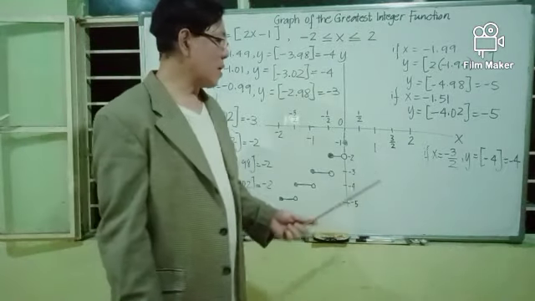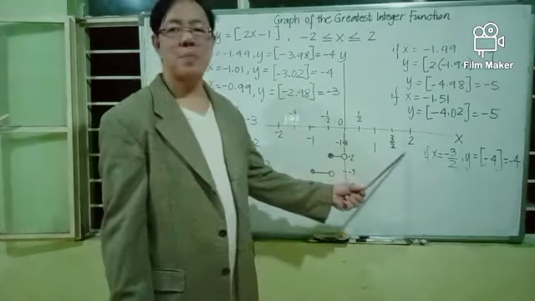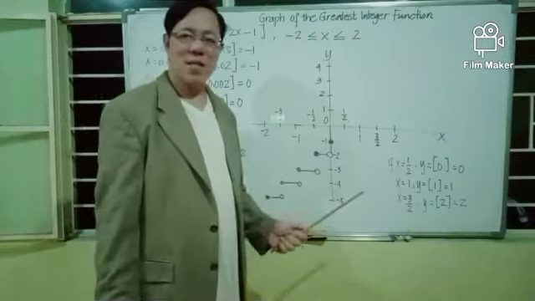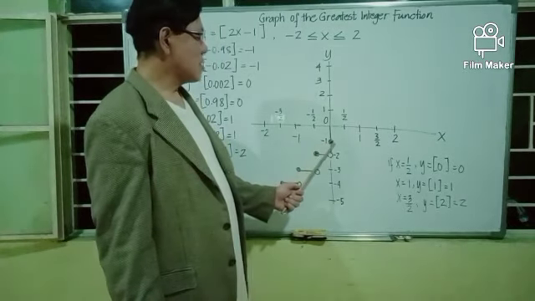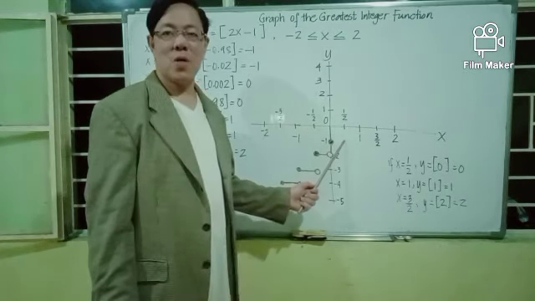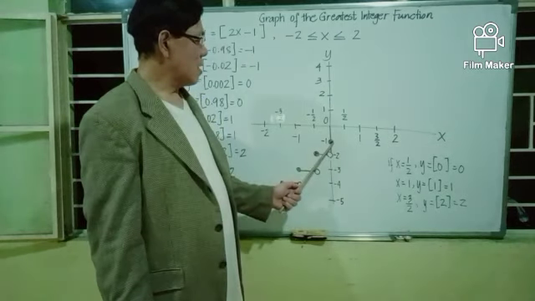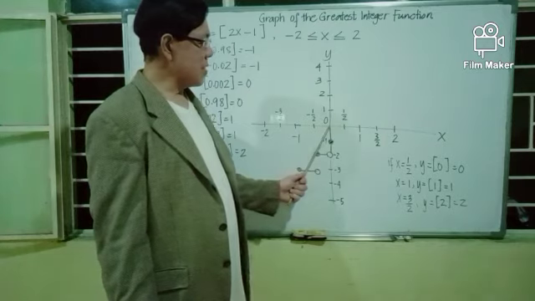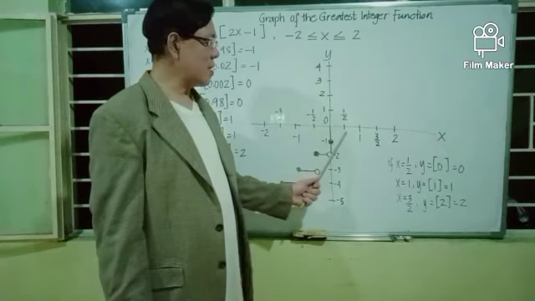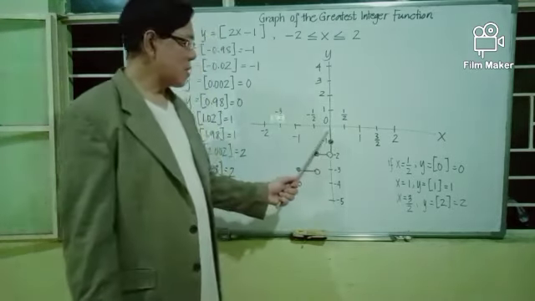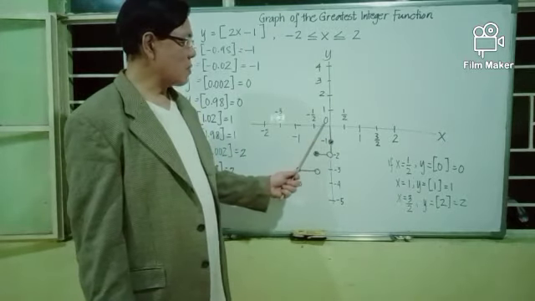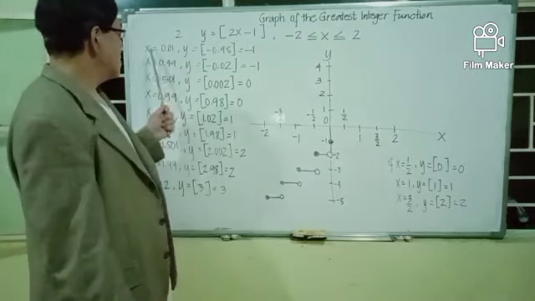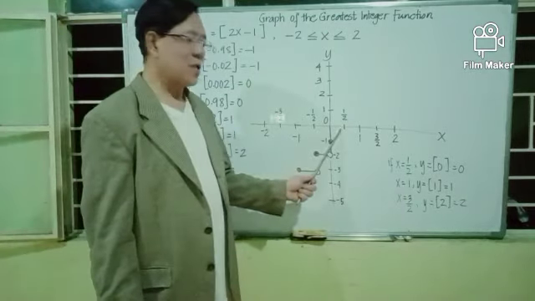Next, we complete the graph from 0 to positive 2. Now, consider the interval from 0 to 1 half or 0.5. And we take real numbers that are greater than 0 but less than 1 half. I would take again a real number very close to 0, say 0.01. 0.01 is in this interval.